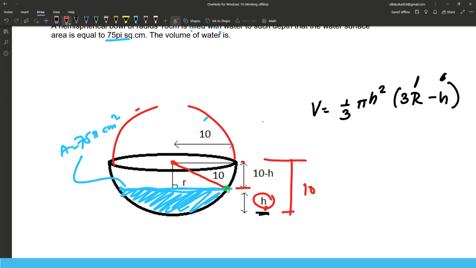That distance from the center to any point of the sphere is also the radius, which is 10.